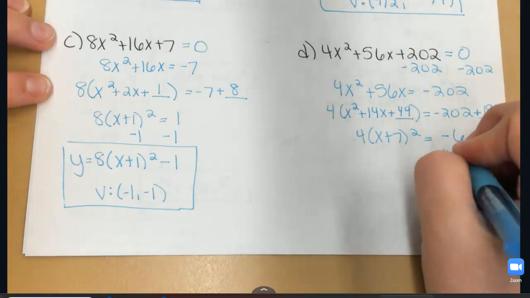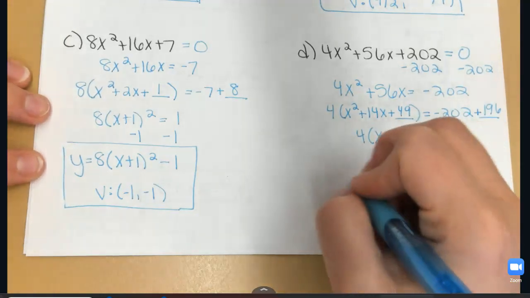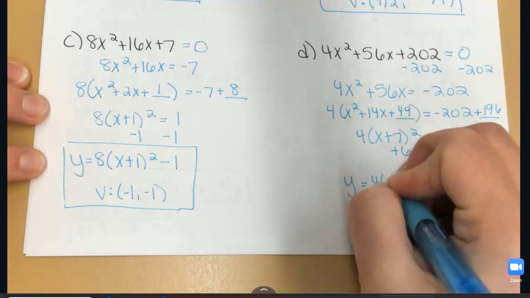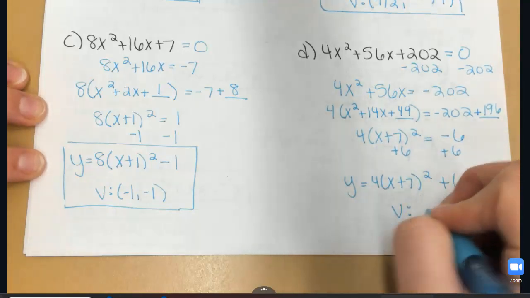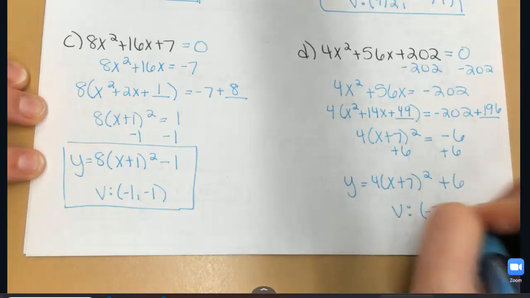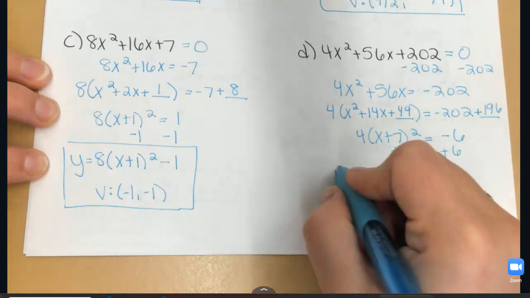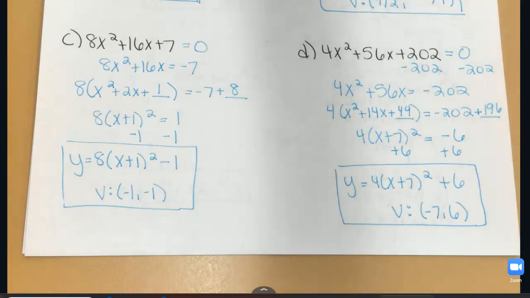Last thing we need to take care of is moving that k value back over. So we have 4 times (x plus 7) squared plus 6, which means our vertex is at (negative 7, 6). And that concludes our day 2 lesson on solving quadratic equations.